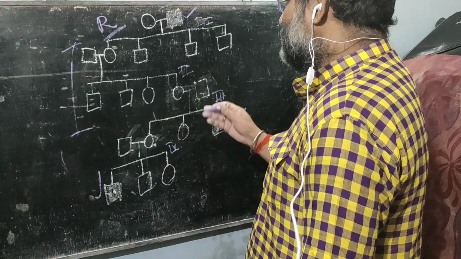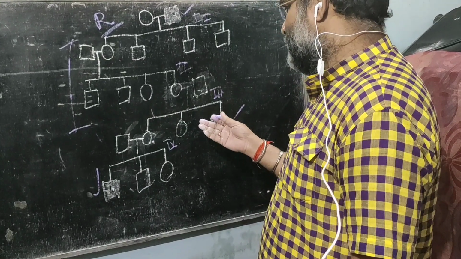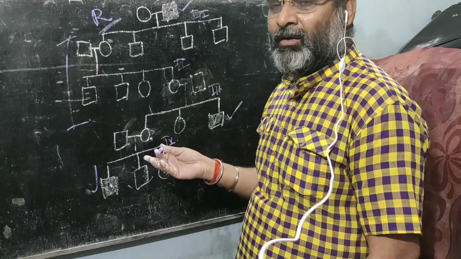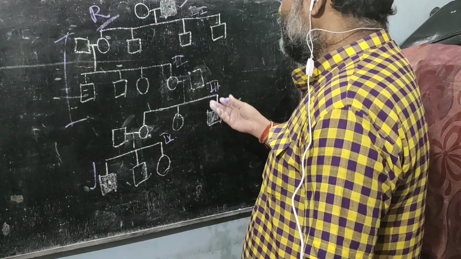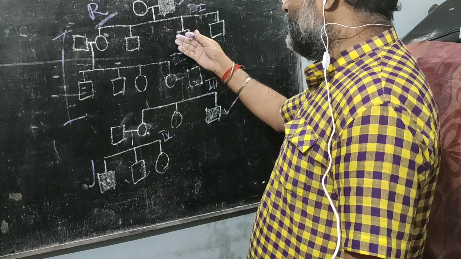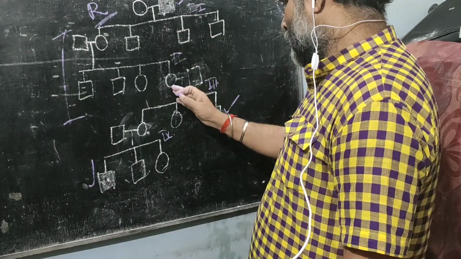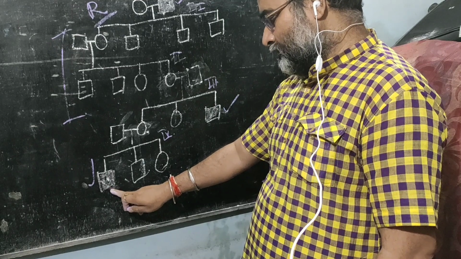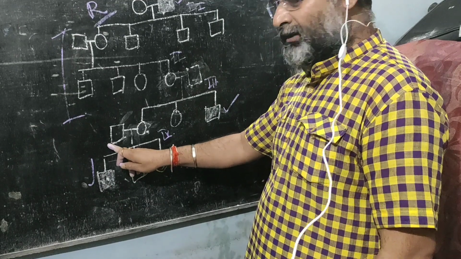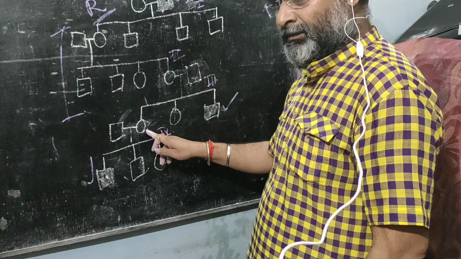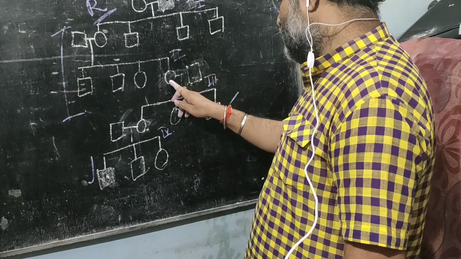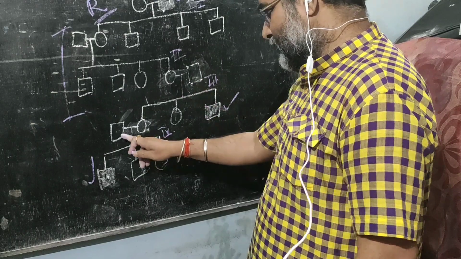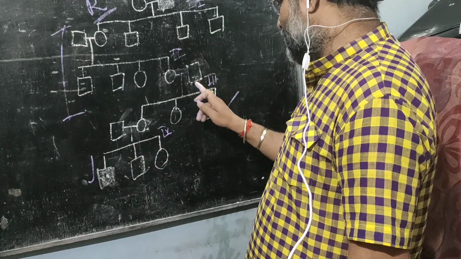Now, for the recessive trait, we consider whether it is X-linked or autosomal. Here the father and mother are both normal, but the trait always appears in the male child.